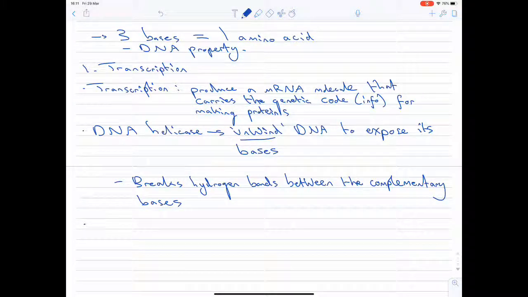Alright, so now once we've broken the DNA and got the strands separated, the important thing to understand with transcription is that one of the strands will be used as the coding strand.